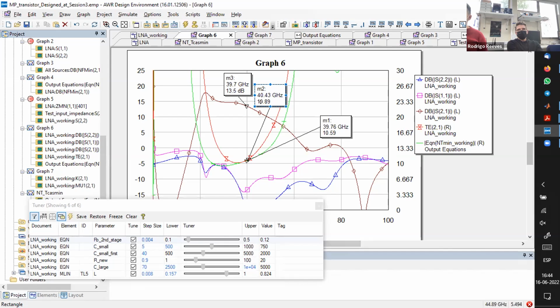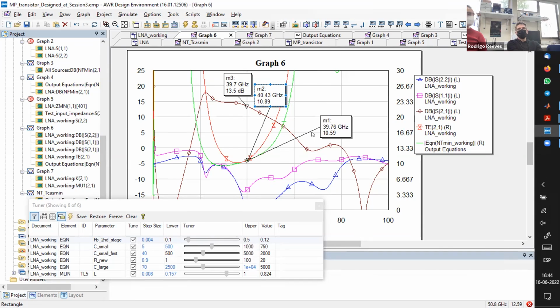I'm finding which is a better trade-off. If you require large bandwidth, then you will do different things. This is already quite large bandwidth.